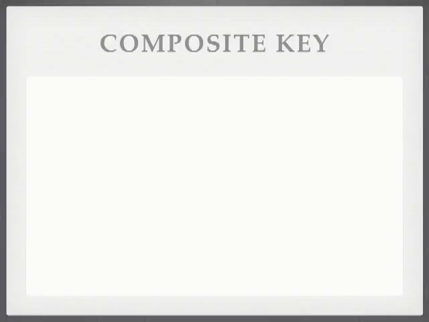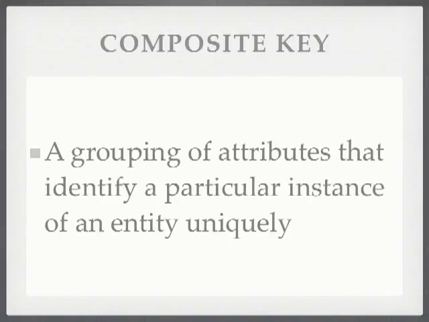So the composite key there would be the first name plus the surname. For instance, you might have Bob Jones and Sue Jones. Those are different unique names if you put those two attributes together. So a composite key is a grouping of attributes that identify the record uniquely. So there we go.